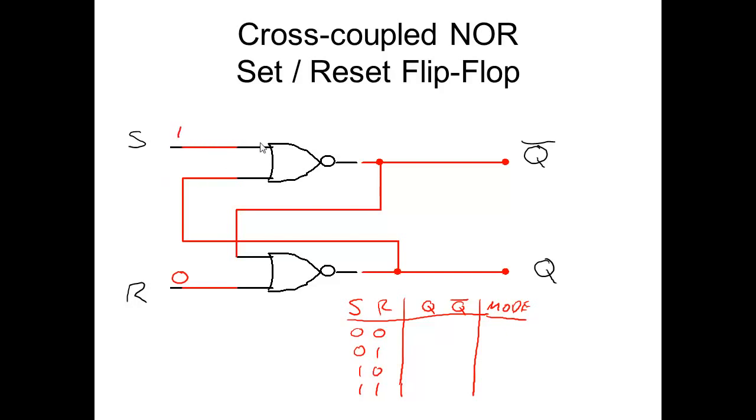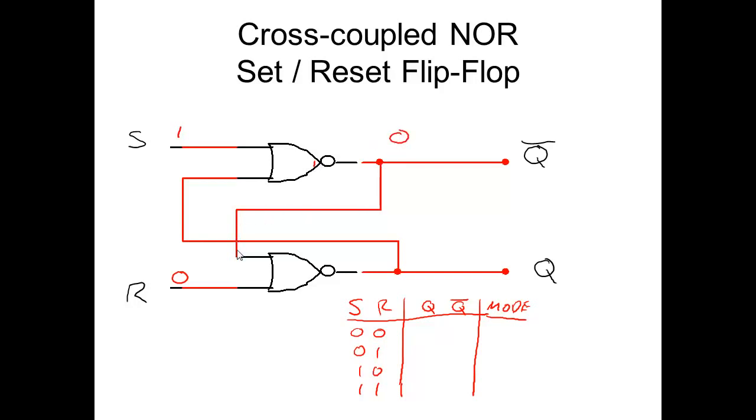So we're going to put a high on set and a low on reset. A high on set goes into this cross-coupled NOR gate. If you think of it as an OR with an inverter, any high into the OR gate gives you a high out. So 1 into the OR gate gives you a 1, inverted to a 0.